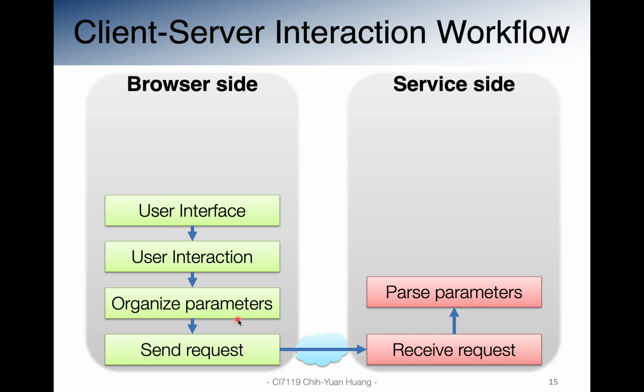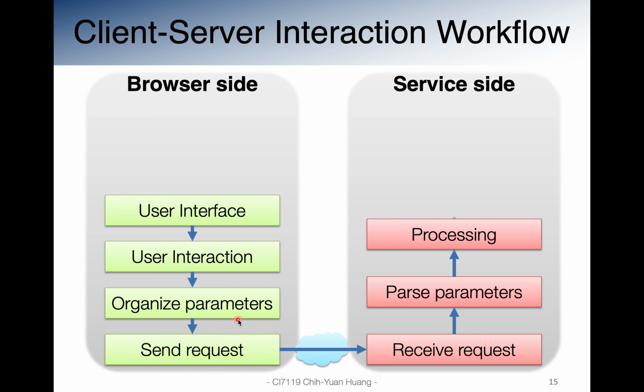So the service will perform the processing according to the parameters it just parsed. After that, you may query some data from the database, or do some processing, for example, routing or geonames, and then you have a certain answer to the query.